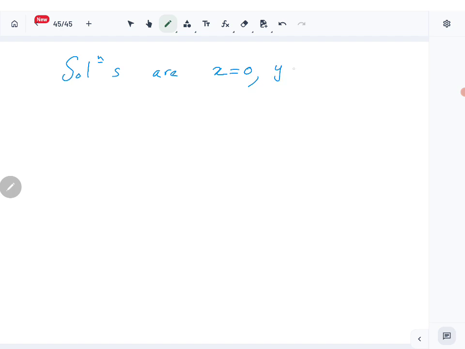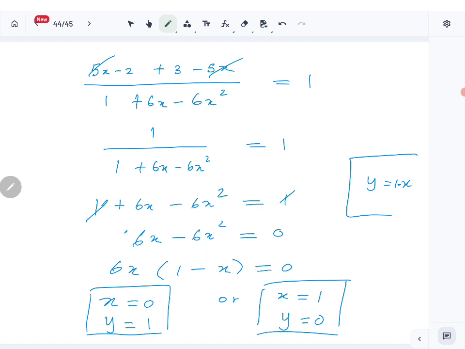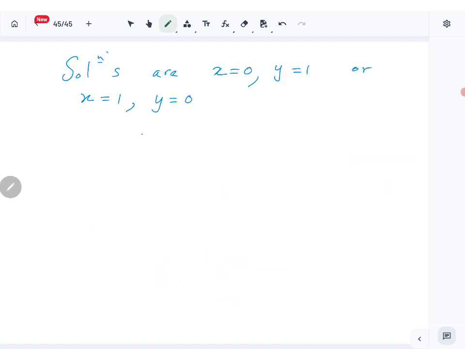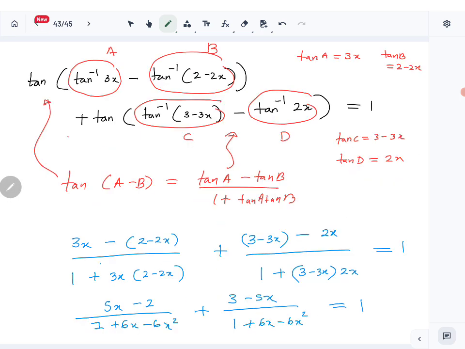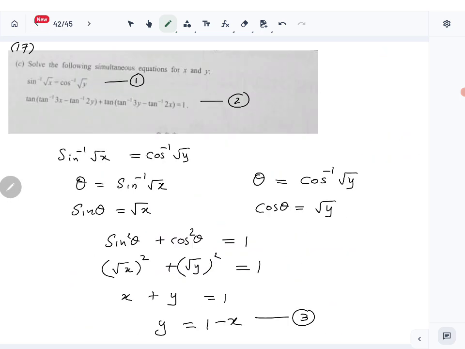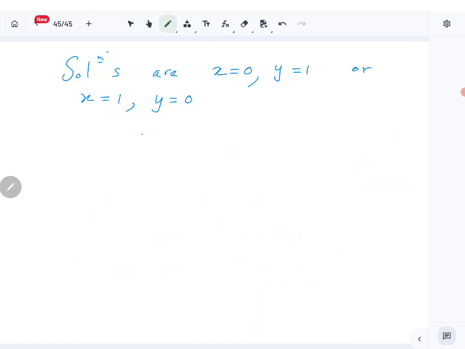So that is the answer for 17 part C. You have two solutions, two pairs.